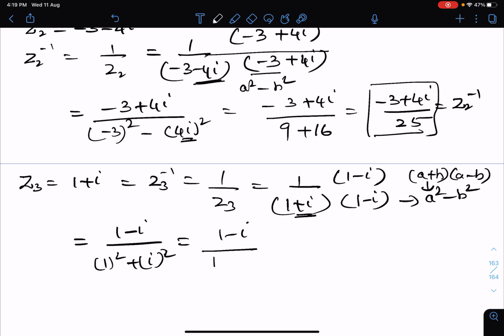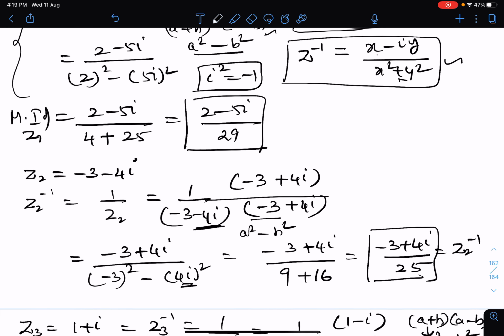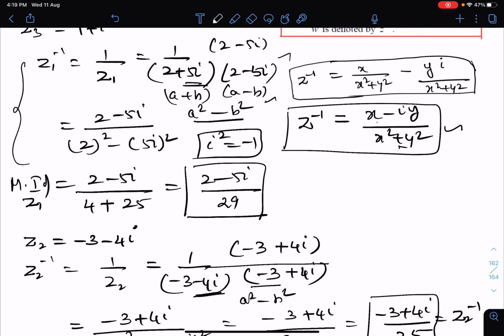Sorry, here it is minus i square. So 1 plus 1, that is going to give 1 minus i by 2. So this is going to be our Z3 inverse. Okay, so this is how you do it for the inverse and the additive inverse also. Okay. Thank you.